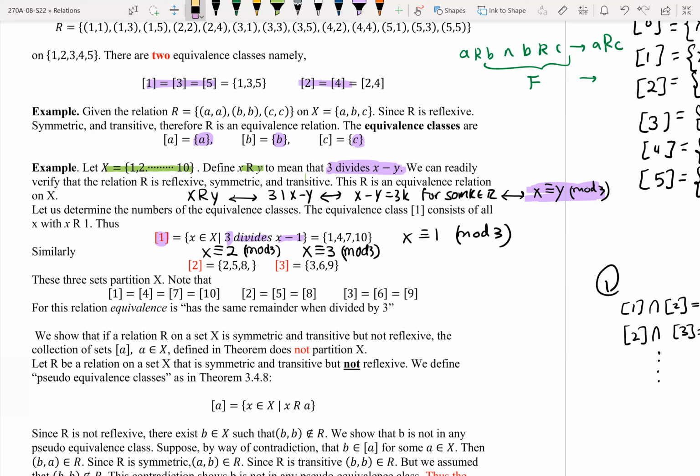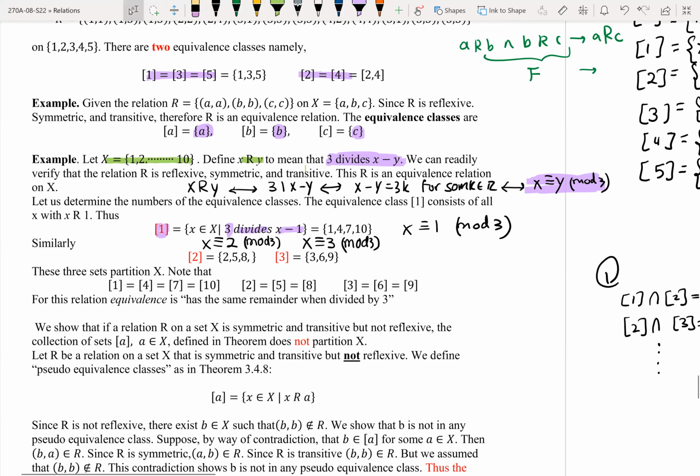Can I tell you how I approach this and see if it makes sense to you? This is the first thing I did. I defined x related to y to mean that 3 divides x minus y. So I want x minus y to be divisible by 3.